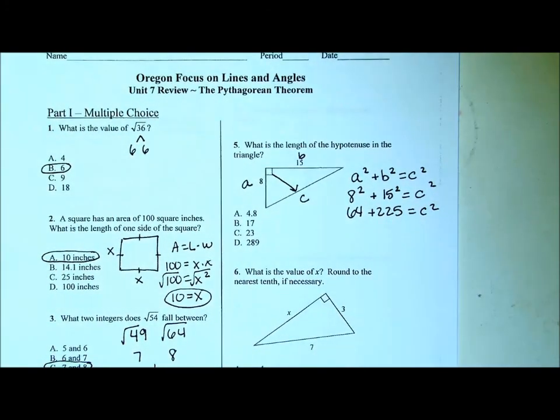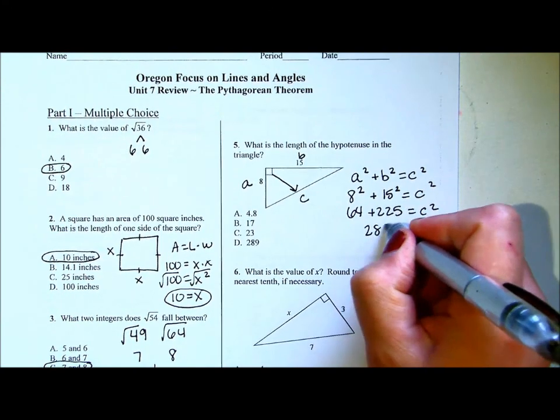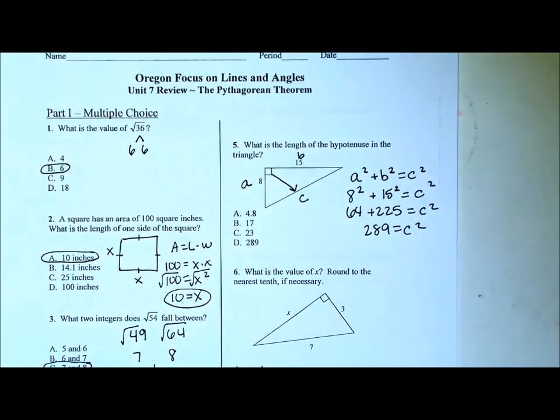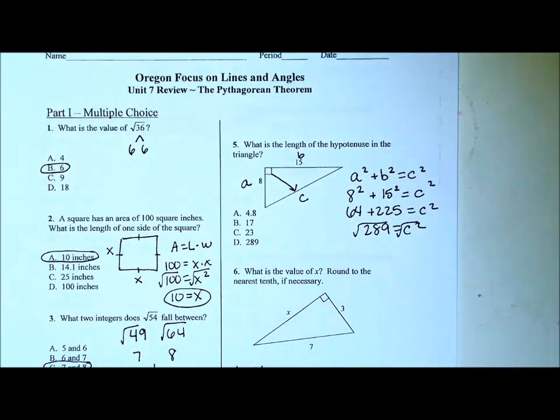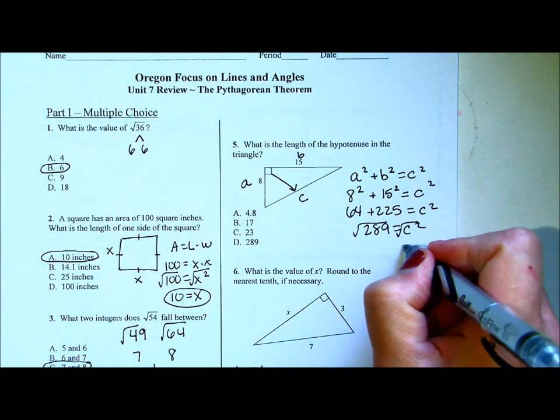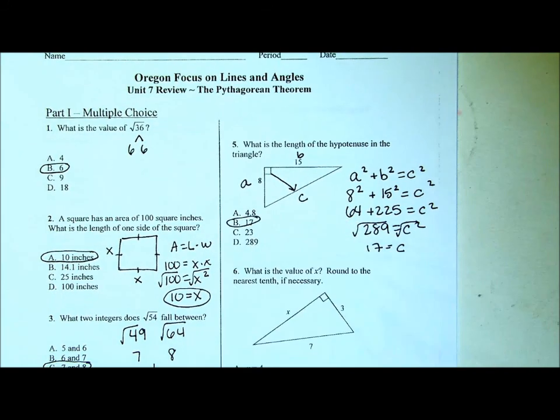And adding those two numbers together will give me 289. Now I have c squared. What I want to do now is just square root both my c squared and the 289. And when we do that, we get 17. So that tells us that B is our answer.